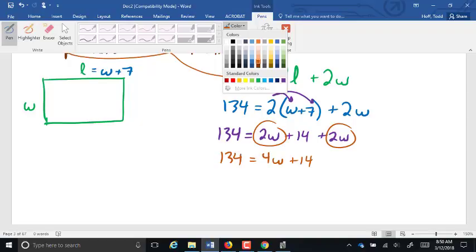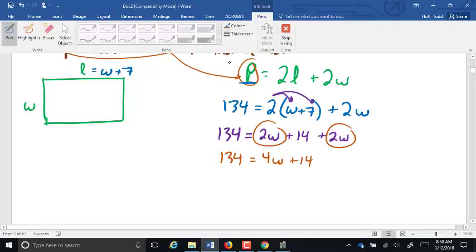The next thing we have to look for is if the variable appears on both sides. And for this equation, it does not. It only appears on the right side. So we can go ahead and start solving. So what do we do first to solve this? Subtract 14. So 120 equals 4W. And then divide by 4.